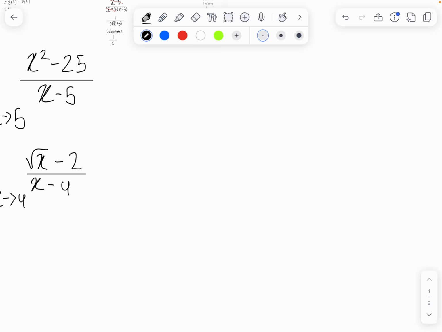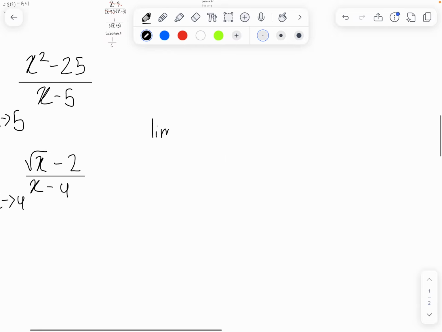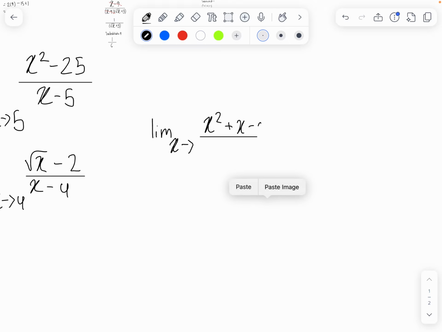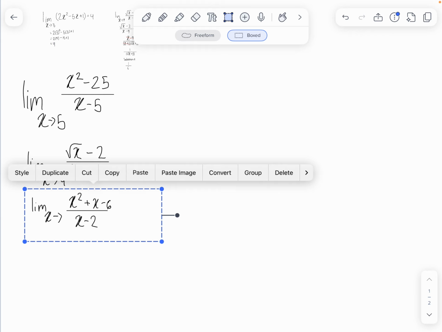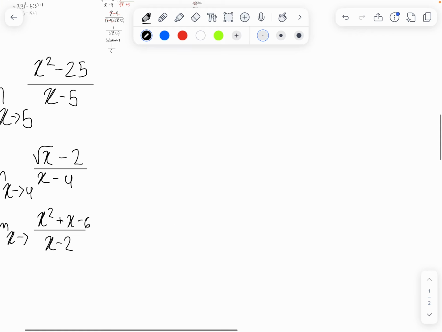Okay, so what is the limit as x approaches 2 of x squared plus x minus 6 over x minus 2? And then, so final question.